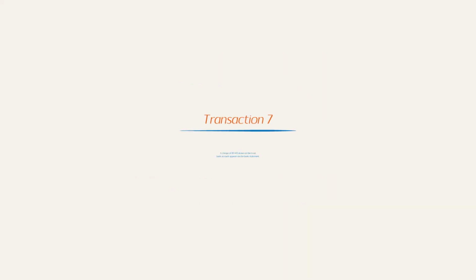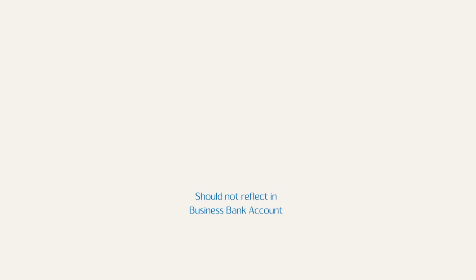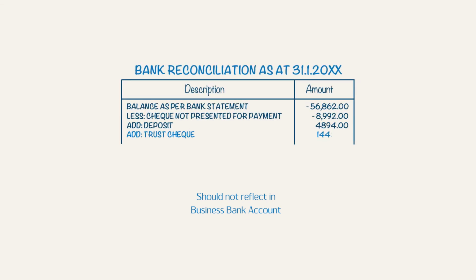Transaction 7. A check for R1,443 drawn on the trust bank account appears on the business bank statement. This entry is incorrect as we are now dealing with the business bank account and not the trust bank account. A trust check should not reflect on the business bank account. This amount must be added to the business bank account balance to rectify this error. Transaction 8.